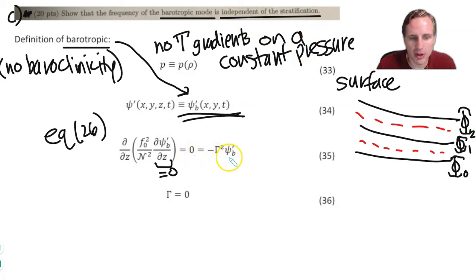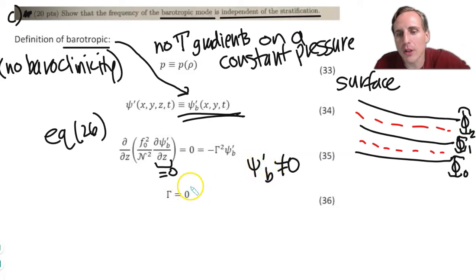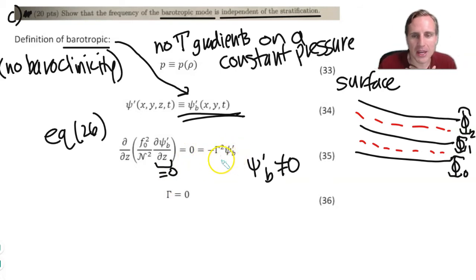So you're going to get 0 here, and we're assuming psi prime b is not 0, that the wave disturbance is not 0. It turns out the wave disturbance will only depend upon north-south or east-west perturbations. It won't depend upon the stratification, so it won't depend upon how the pressure surfaces change or whatnot. Okay? So you would get gamma equals 0. So this solves part C. Hope that makes sense as well.